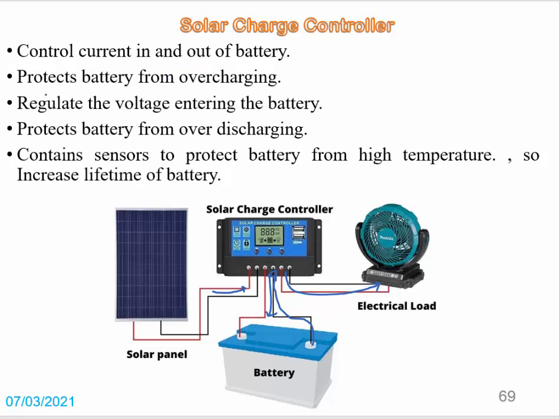The next point, protects the battery from overcharging. This is a real problem when the battery is directly connected to the solar panel. If we connect the battery directly to the solar panel, the battery starts charging, and when the battery is fully charged, the solar panel, if it's directly connected to the battery without a solar charger, will damage the battery because of overcharging.